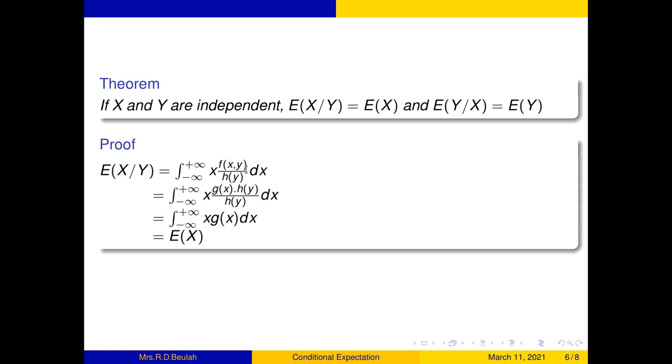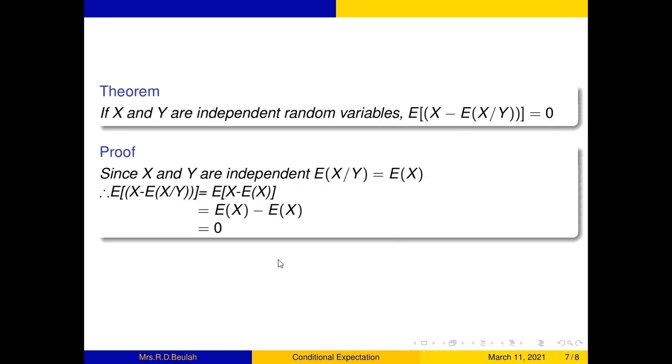Substitute the value of f of x comma y is equal to g of x into h of y, since we know that X and Y are independent, which is equal to the integral of x into g of x into h of y divided by h of y into dx. Cancelling this h of y, we get the integral of x into g of x into dx, which is equal to E of X. Therefore, E of X by Y is equal to E of X. Similarly, we can prove that E of Y by X is equal to E of Y.